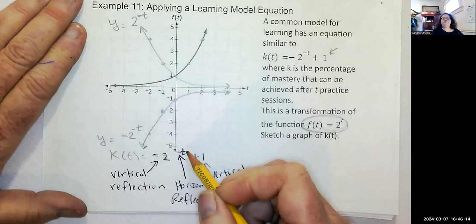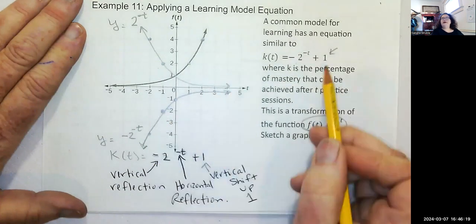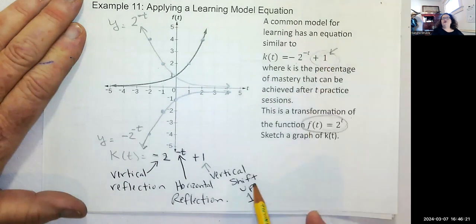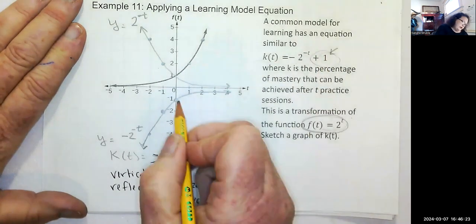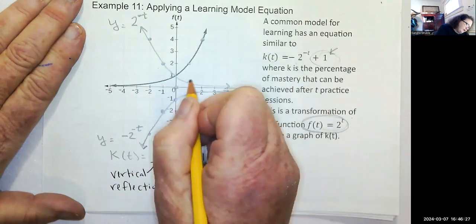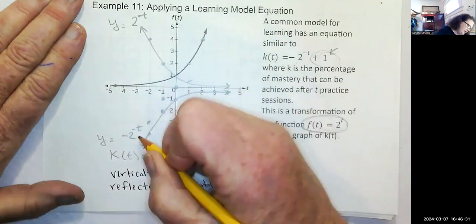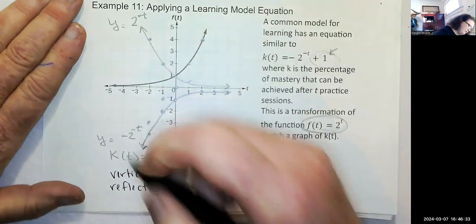Okay. The last one is we need to take the one we just created and vertical shift up by 1. So everything here is going to shift up by 1. There, and there. Okay. So this one I want to make solid.